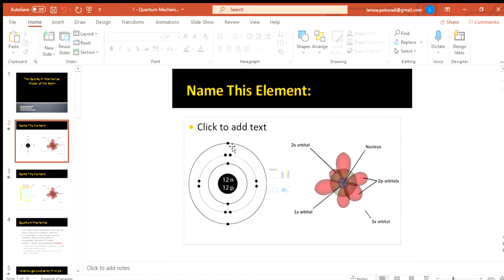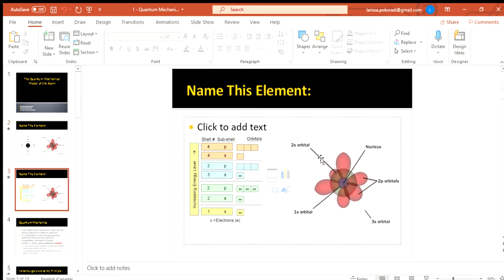Another way to look at this, and we're never going to have to draw this, don't worry, would be to look at something like this, showing that increasing energy level I just mentioned. 1s was the smallest, the closest to the nucleus, and 3s was the furthest, the largest, and the highest energy. Obviously, if we're looking at magnesium, we're pretty close to the start of the periodic table. We've got quite a few elements to go, more electrons to add, so there are obviously more orbitals coming after 3s.